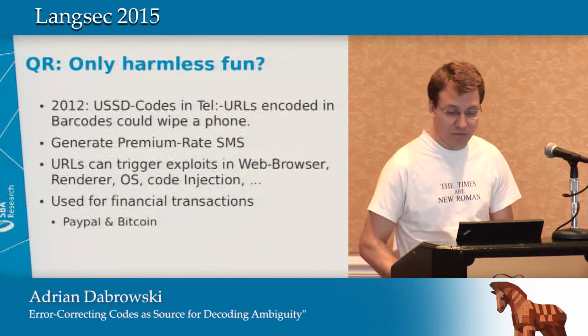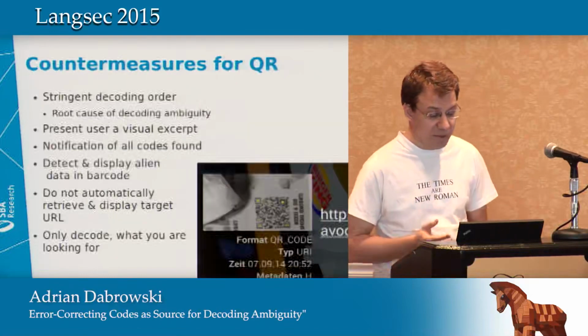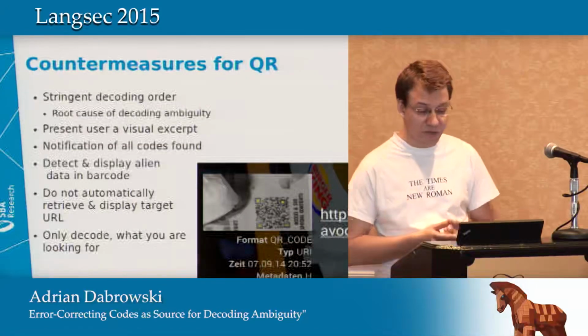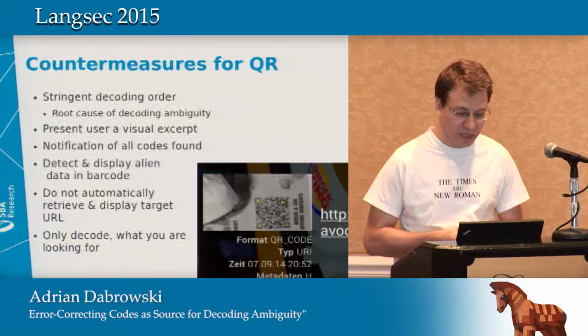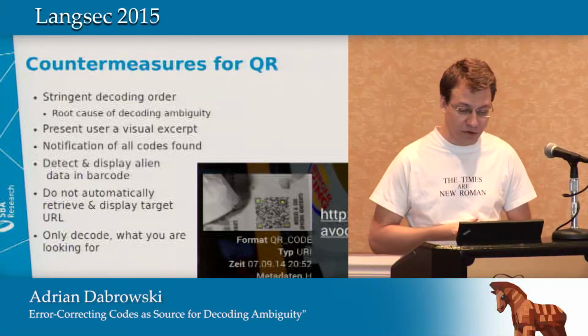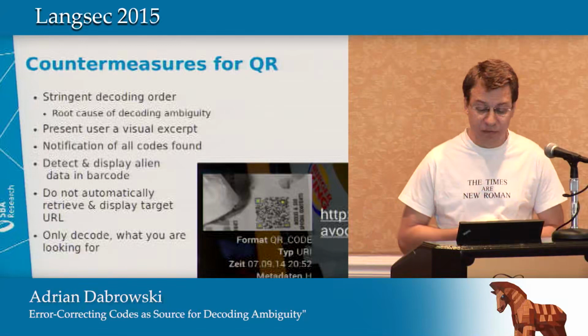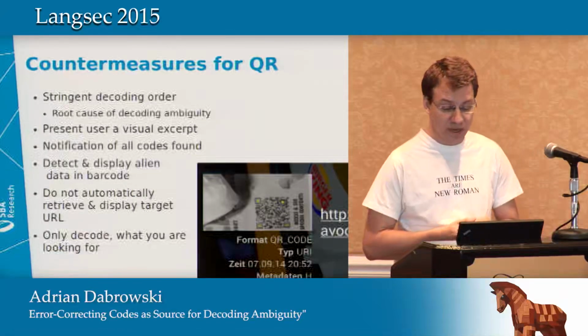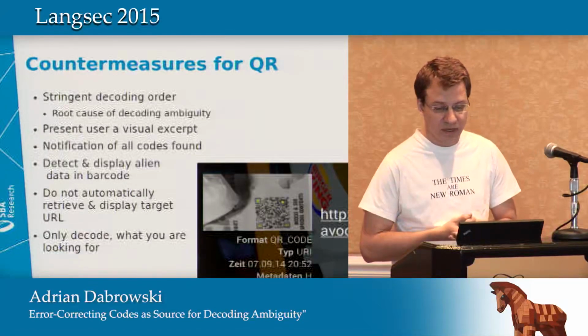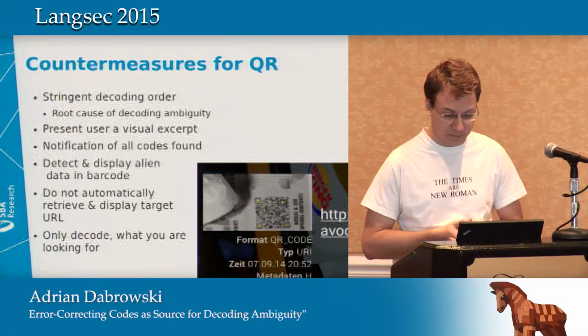So for the barcode domain, we can think of different countermeasures, like a stringent decoding order, or presenting the user with different options as soon as the reader software finds more than one code.